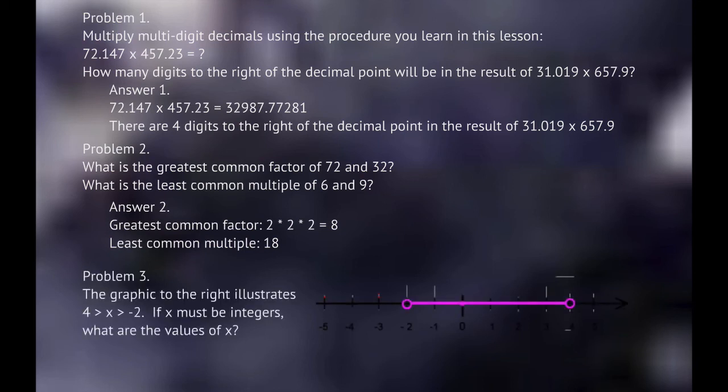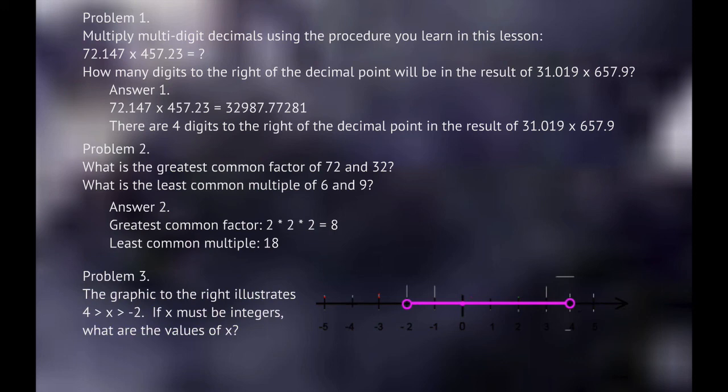Problem 3. The graphic to the right illustrates x is greater than -2 and less than 4. If x must be an integer, what are the values of x? So the pink line with the circles on the end means that it's an inequality.